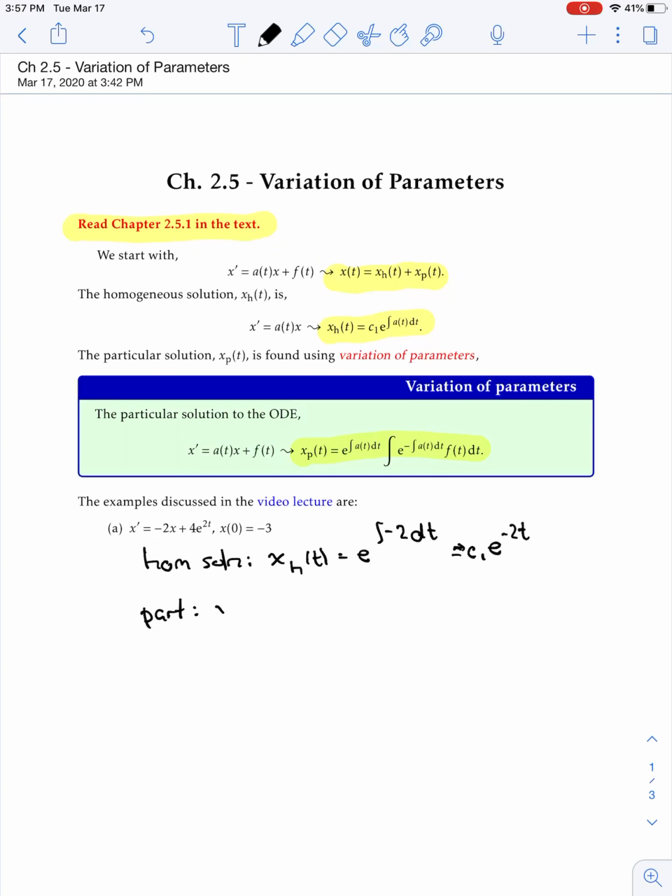You see the pieces. The first piece is e to the antiderivative of the little a, which is e to the minus 2t. Then we're going to take a big integral, and so now we have e to the minus antiderivative. A minus minus 2 gives a plus 2, so we get an e to the 2t. The f of t is 4e to the 2t.